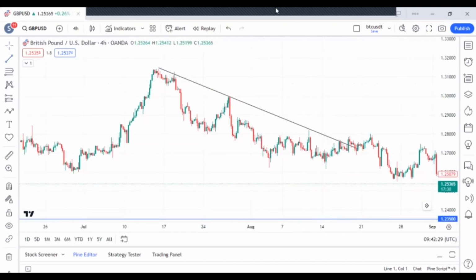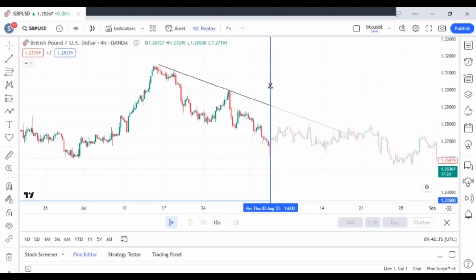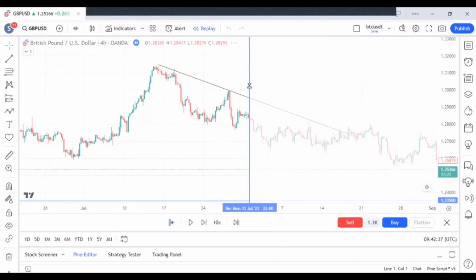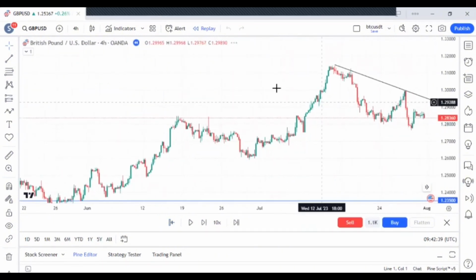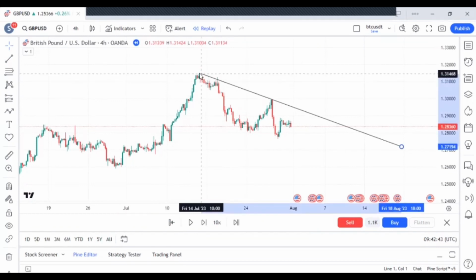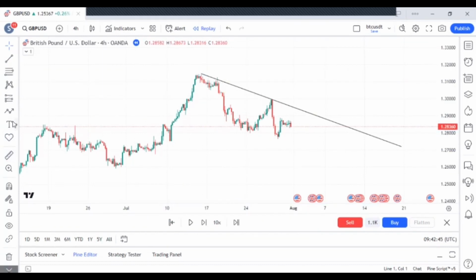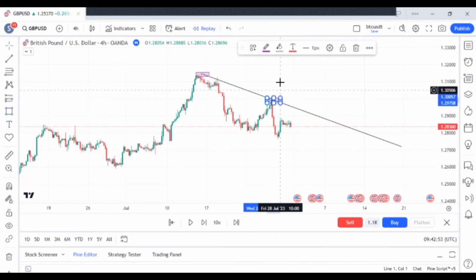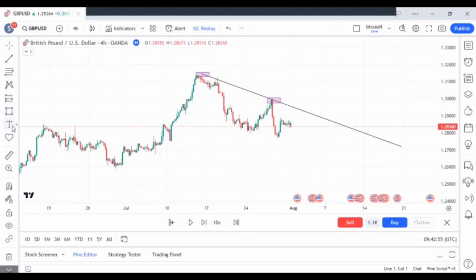Let's assume this is my first touch right here, and this is my second touch of my main trend line.